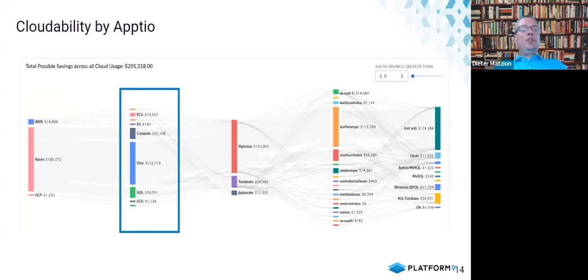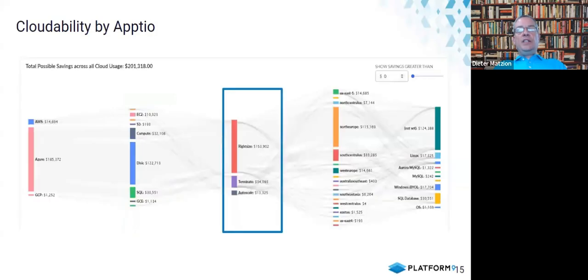Next, we look at what are the services that are impacted. We see here that the majority of services is disk, compute on the Azure side, and then EC2 and SQL also on the Azure side, and EC2 on the AWS side, right? So we get a breakdown of services, which is good, right? Next, we get what are the actions that are recommended by this engine here, right?